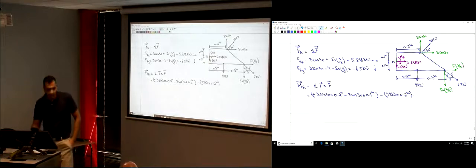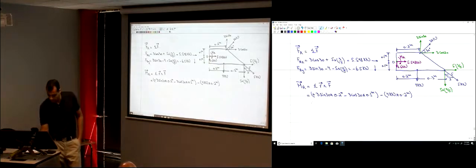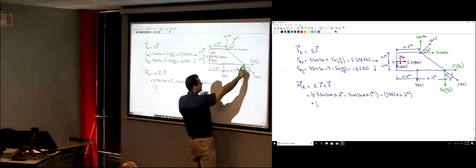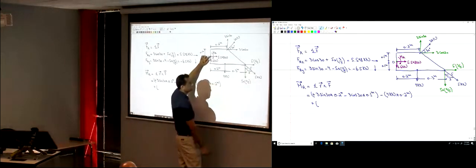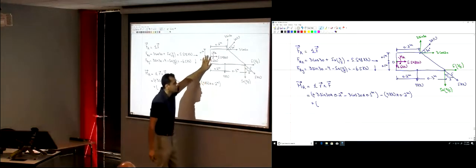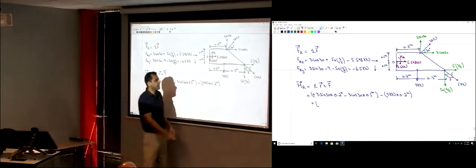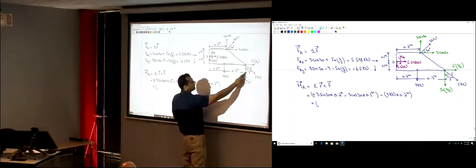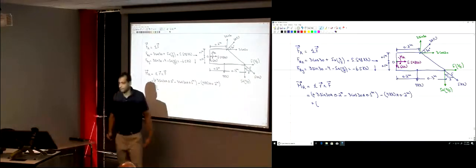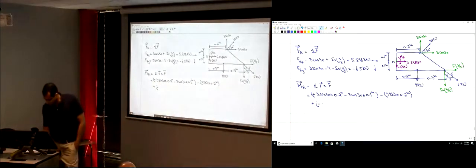And then the two components here. What's the moment of this component? Is it clockwise or counterclockwise? Clockwise, so it's negative. Negative 5 times 4 over 5 multiplied by what distance? 0.5. So I have negative 5 times 4 over 5 multiplied by 0.5 meters.